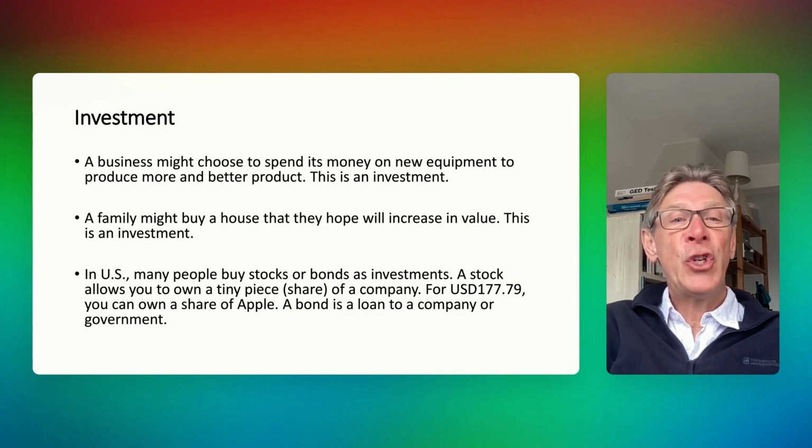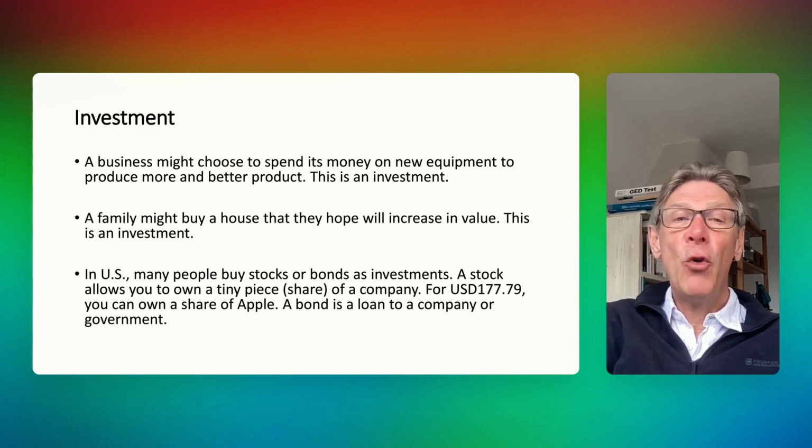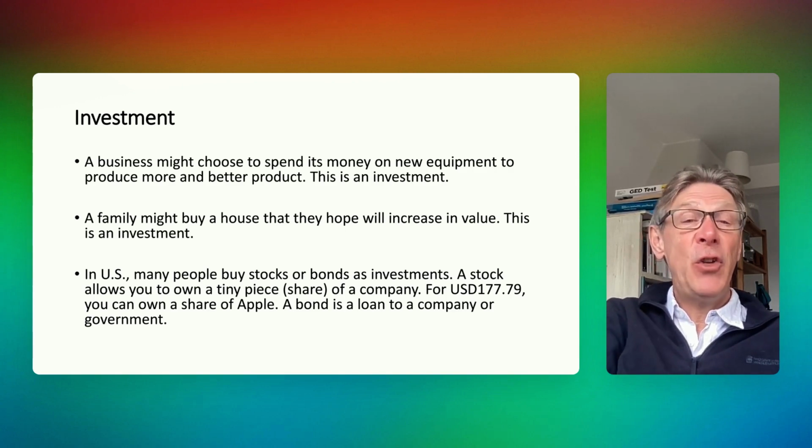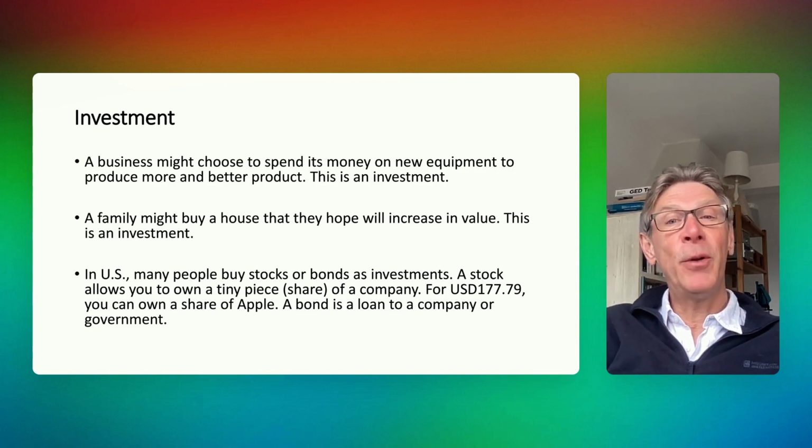A stock or a share or an equity, they all mean the same thing. A stock allows you to own a tiny piece of a company. So, for example, if you wanted to be an owner of Apple, you could own a very small piece of Apple, and you could do it immediately on the internet.